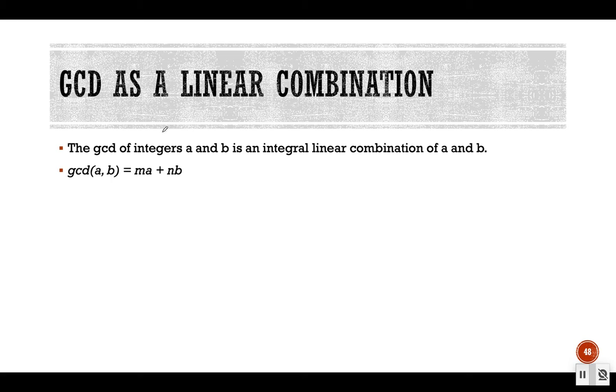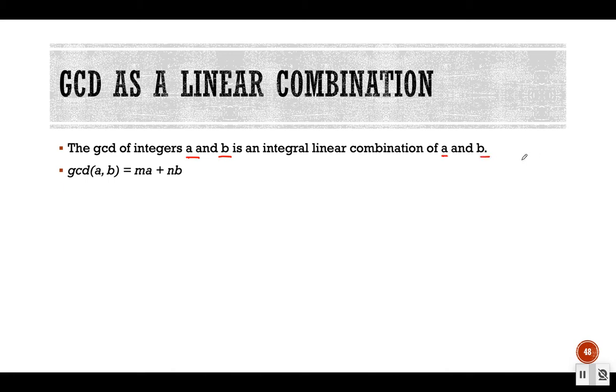We're talking about GCD. Now we're going to see one more theory about GCD, about the GCD of two integers a and b. We can represent the GCD of two integers a and b as an integral linear combination of a and b.